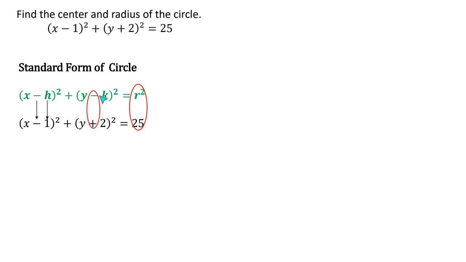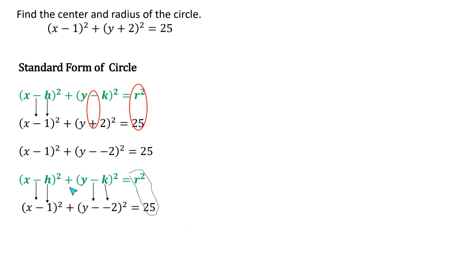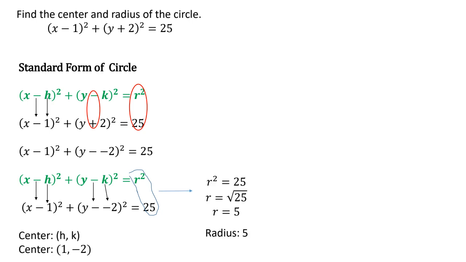I cannot say that k is 2 since we don't have the same sign here. This plus sign we can change to a minus sign with a negative 2, because negative negative would be positive. Now if I compare, my h is 1 and my k is negative 2. For our radius, we can set it up as r squared is equal to 25.